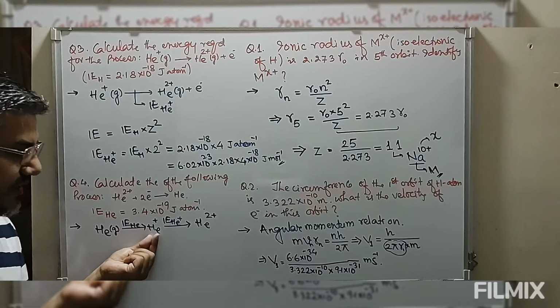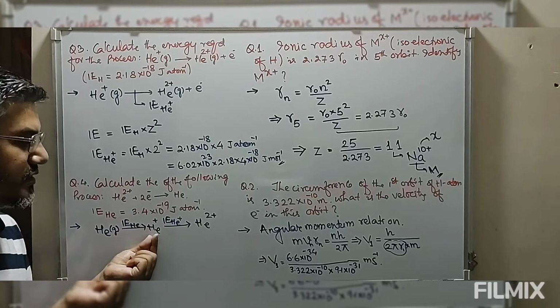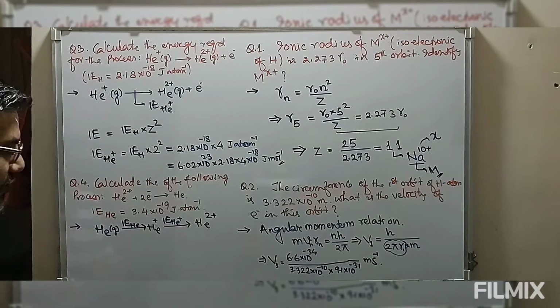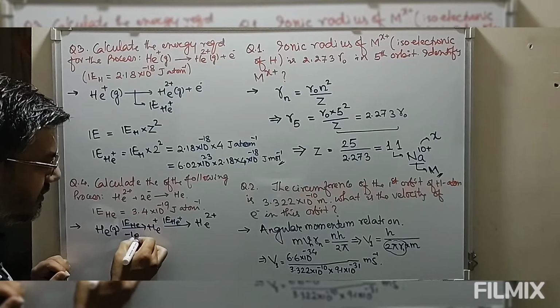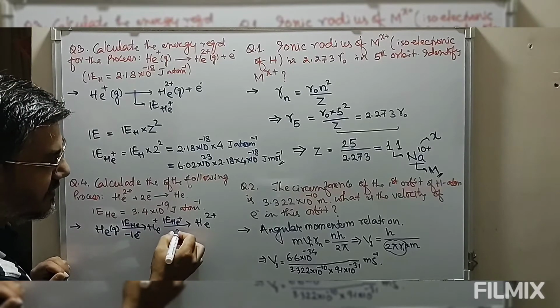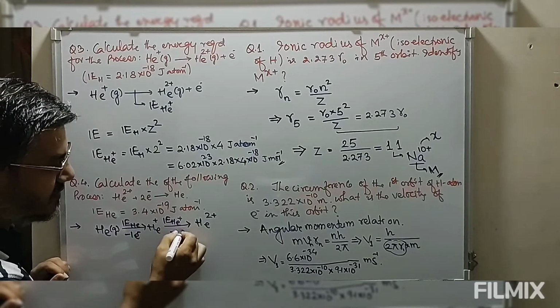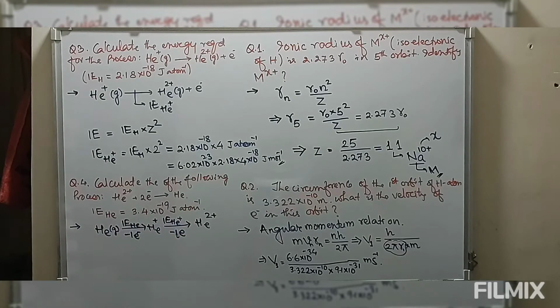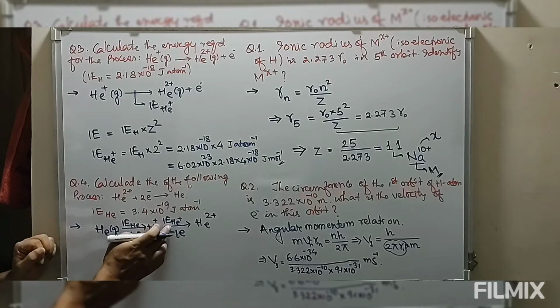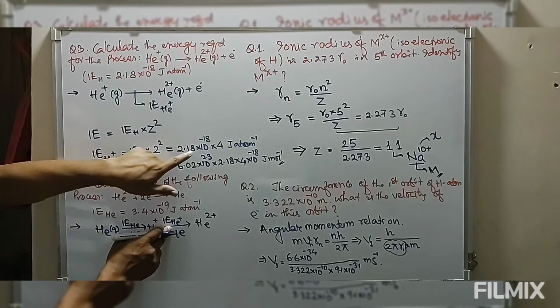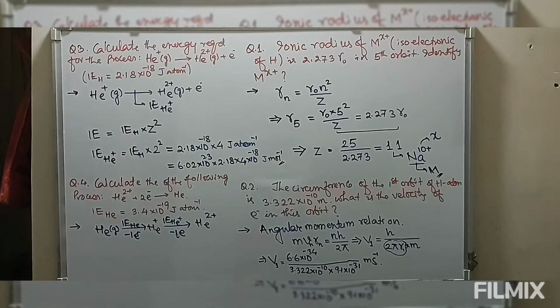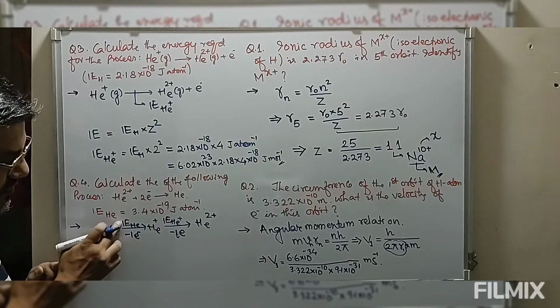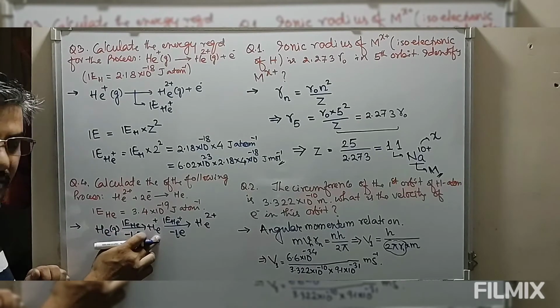Now from this helium ion, the second electron is to be removed, so again 1 electron is removed here. So we have this total energy. We have just defined the ionization energy of helium plus here. This is the ionization energy of helium plus, and this is the ionization energy of helium to helium plus.